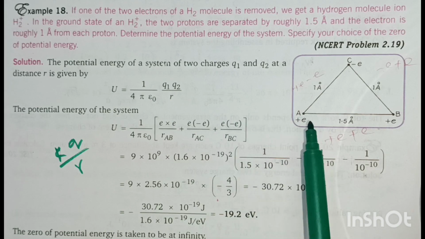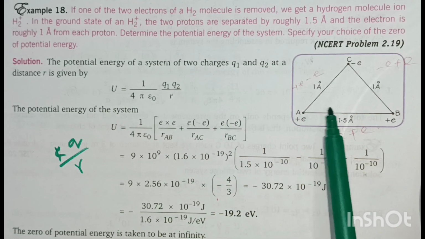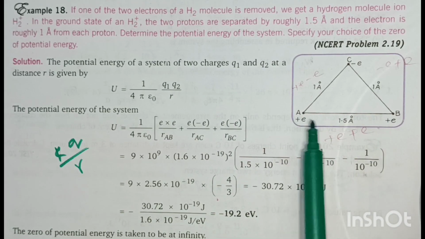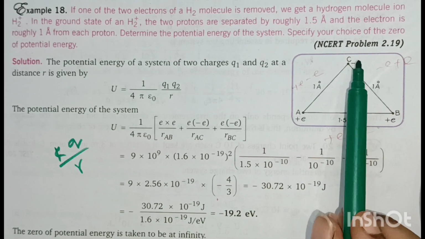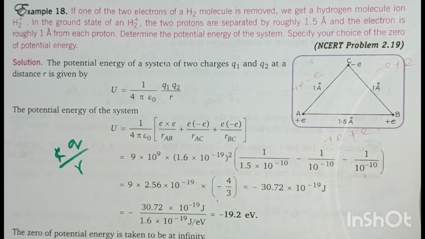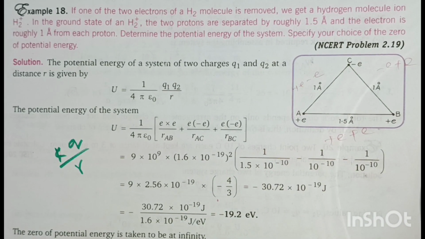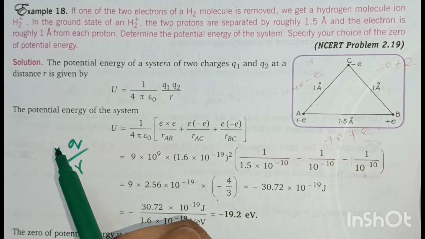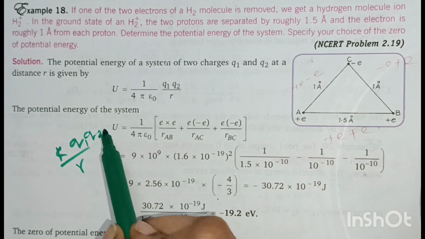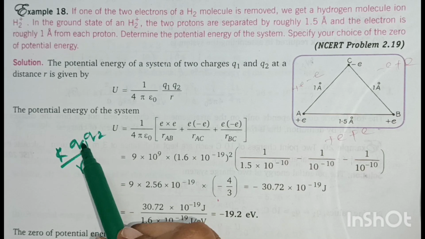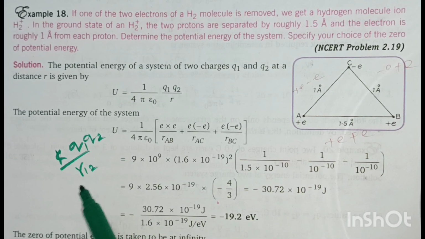Here we can take three pairs of charges: plus e and plus e, plus e and minus e, and this minus e and this plus e. That is how we find the potential energy. What is the formula for potential energy? That is K Q1 Q2 by R12. Depending on which charges you take, you have to take the distance between them.